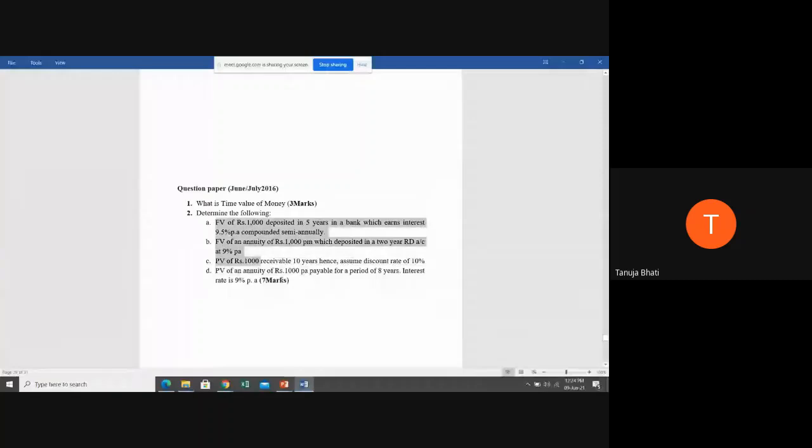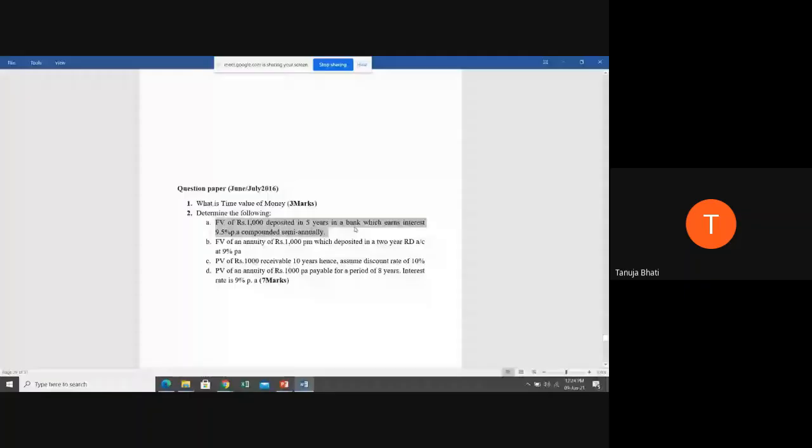Okay. Now, future value of 1000 deposited for 5 years in a bank which earns interest of 9.5% per annum compounded semi-annually.